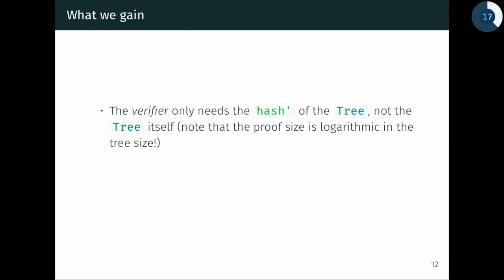And so what do we have? So it's obviously more efficient for the verifier. I mean, the verifier, all it needs as input of the tree is this hash of the root, and not the whole tree. And in this small example, if you look at the size of the proof, that was these 4 hash values in my example. Of course, those 4 hash values together are much larger than the original tree.